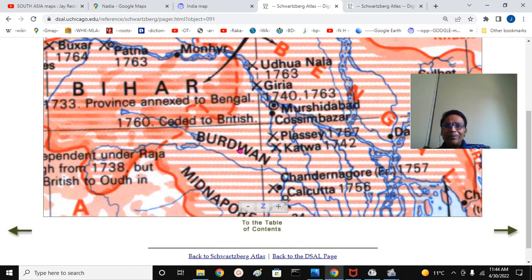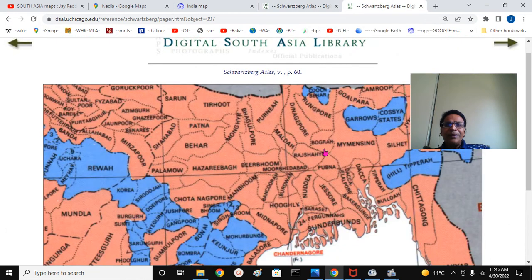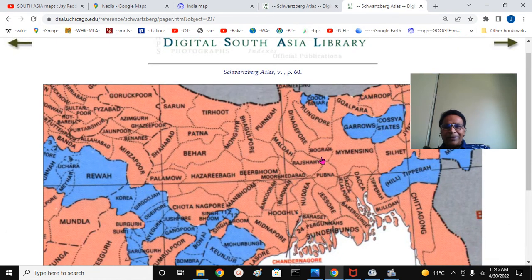That is the Midnapore district, Burdwan district, and Birbhum district, and all those districts. This is the contemporary map. When the British later replaced this Dharshani Mir Qassim, they organized the Bengal Nawabi Nizamat into various districts. The old districts I am showing here.